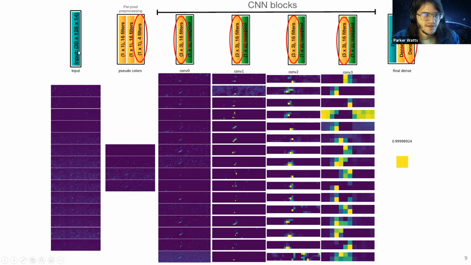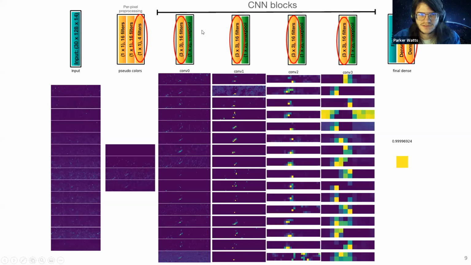So what you actually see is each of these is a 30 by 100 image. And then there's 14 layers, which corresponds to the 14 layers of the HGCal. And then these cause activations in the next layer. And what's here is the last layer of the per pixel preprocessing, which has 4 filters.